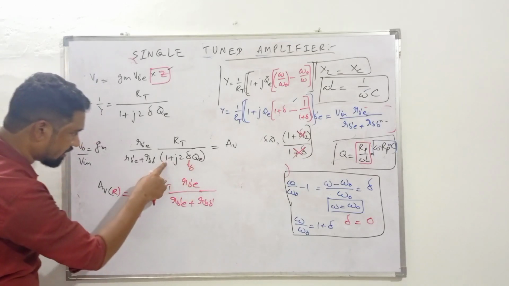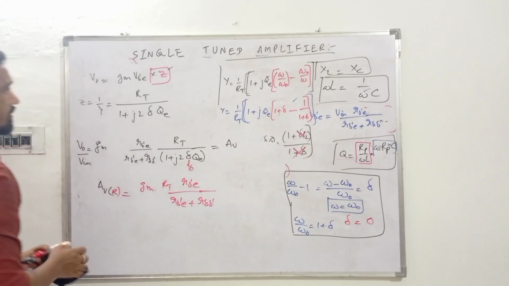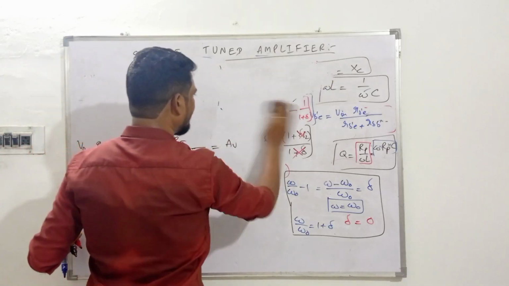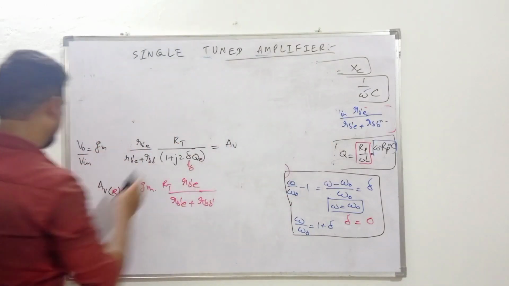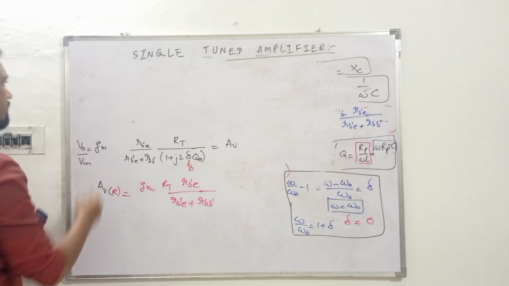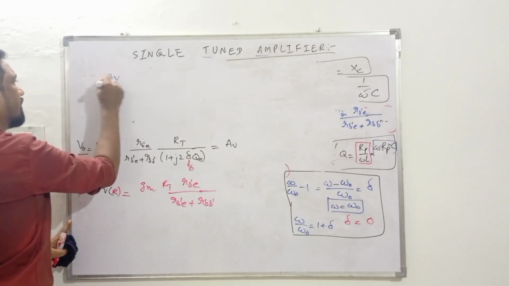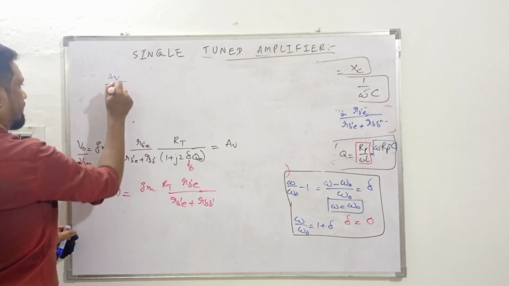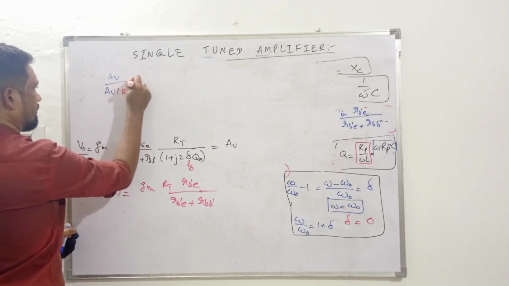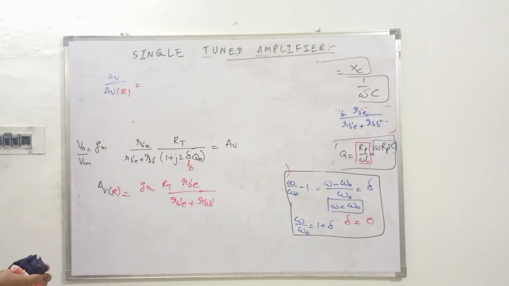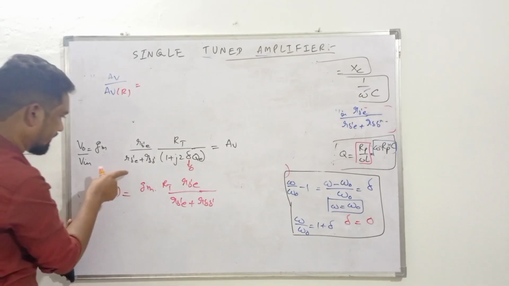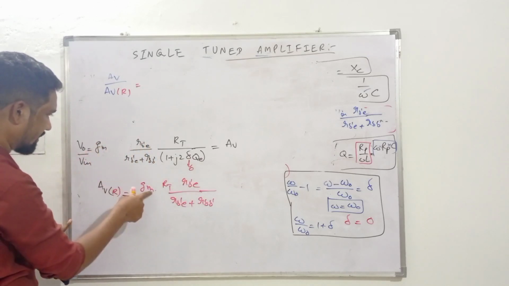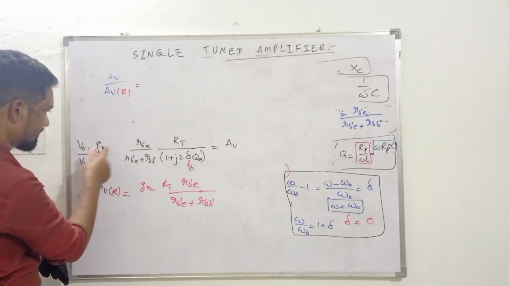This becomes 0 and we'll be left with only 1 over here. Okay, so in that case we'll have to have a ratio, what is that, AV upon AV at resonance, okay, so what do we have? This one, this entirely over that Gm, all these get cancelled. Okay, all these RT get cancelled, Gm gets cancelled in that one.